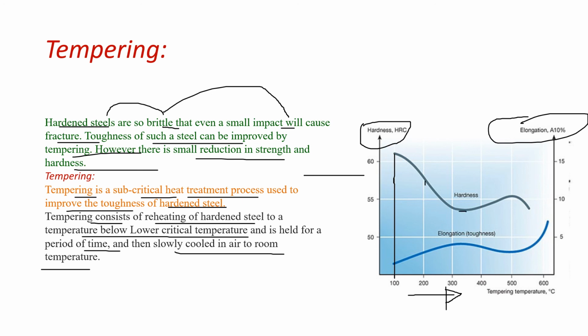A point is reached where the material has the lowest hardness, less than about 55. After that, the linear relationship of elongation ends, and elongation decreases. At about 600 degrees centigrade, the elongation is highest while the hardness is at its lowest point.